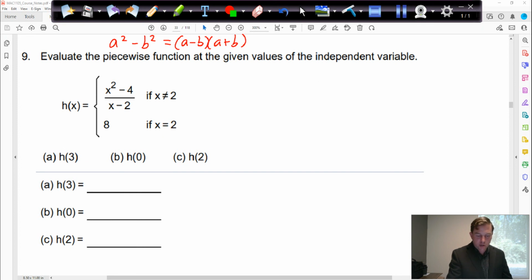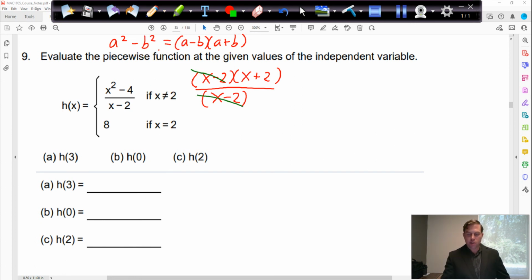So x squared minus 4 factors into x minus 2, x plus 2. But we have an x minus 2 on the bottom, and so those can cancel. But before you cancel them, you have to say, wait a second, there's going to be a hole at x equal to 2, because that 2 still would have caused a problem in the original problem. It would have caused a divide by 0 error. What's interesting is, once I cancel those two, my function is just x plus 2, just that numerator portion.